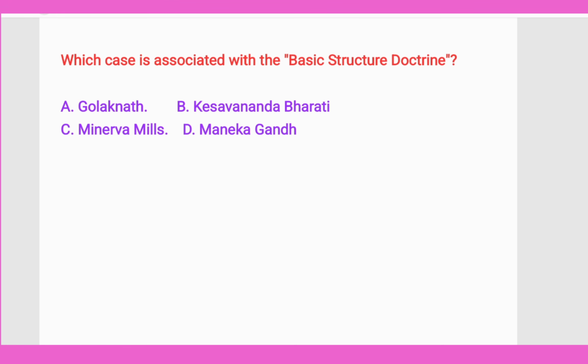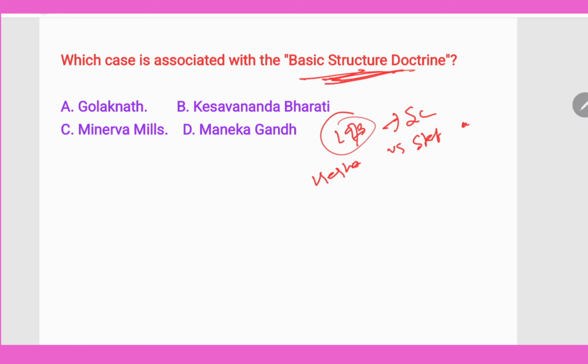Next question is, which case is associated with the basic structure doctrine? In 1973, there was a case in the Supreme Court, that is Kesavananda Bharati versus State of Kerala. In this case, the Supreme Court declared the basic structure doctrine.